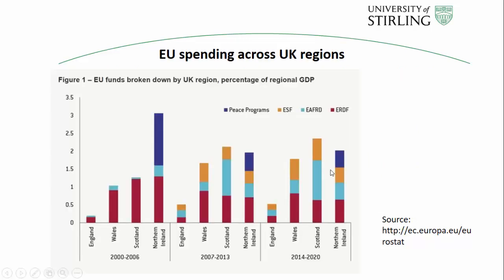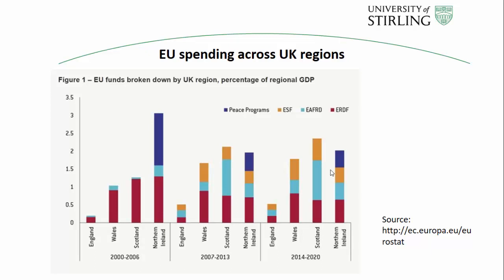Another element explaining regional viewpoints on EU membership is the level of funding received from the EU, and that's what's captured in this image. What it shows is that England, which contains the richest parts of the United Kingdom, benefits less from EU money that is spent on employment. That's the ESF, the European Social Fund, and also money spent on the rural economy.